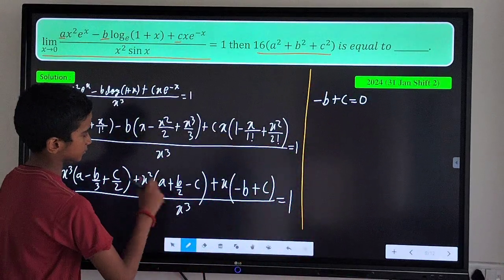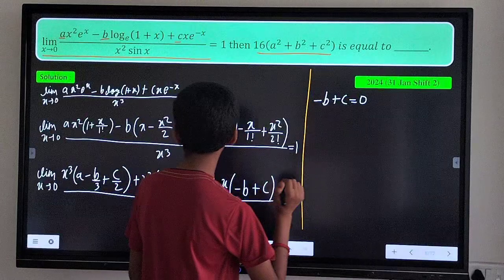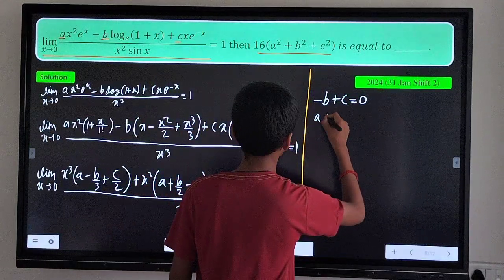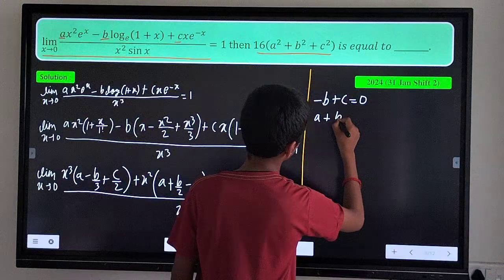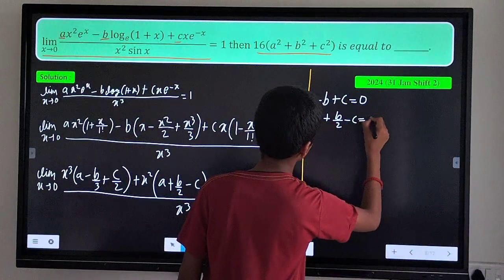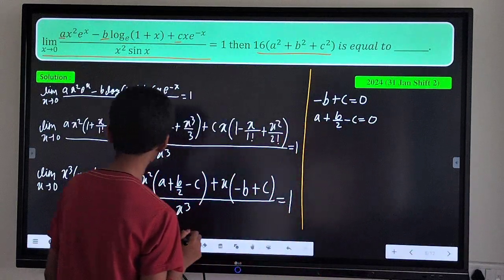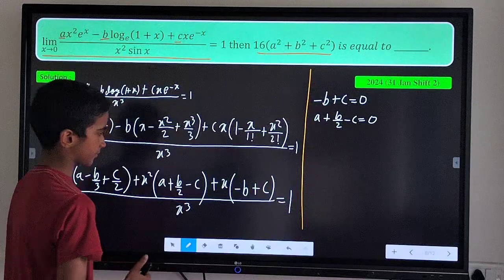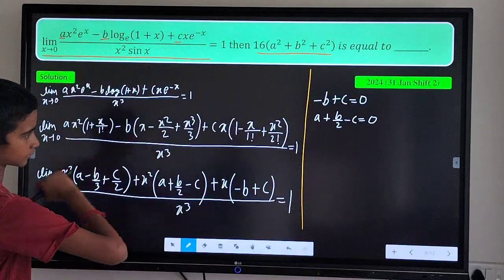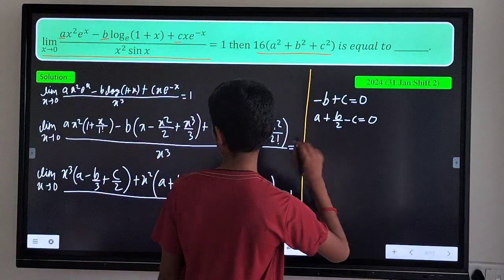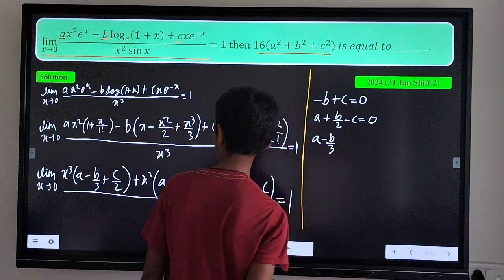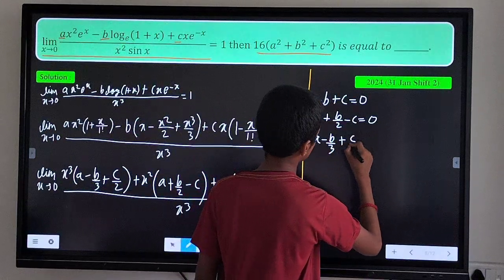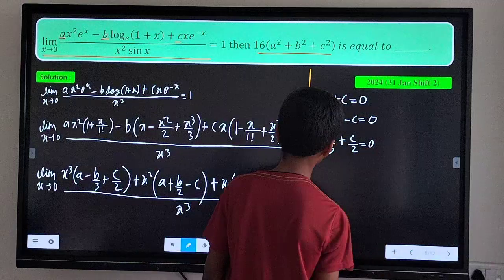And our x square term should also be equal to 0. So this will become a plus b by 2 minus c is equal to 0. And our x cube term should be equal to 1 because our limit is equal to 1. So our x cube term will be a minus b upon 3 plus c upon 2 is equal to 1.